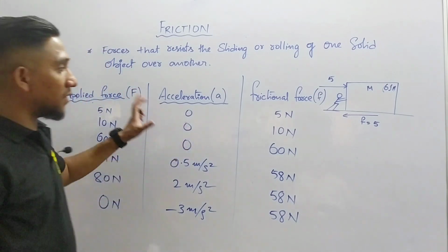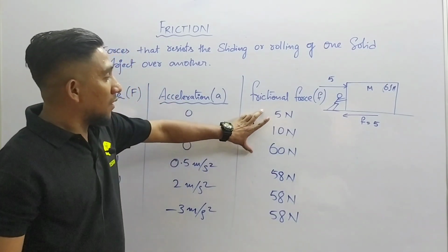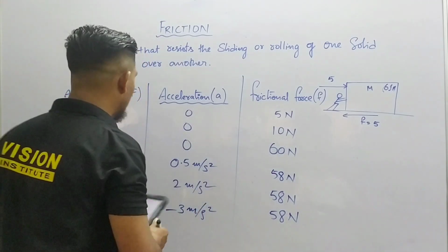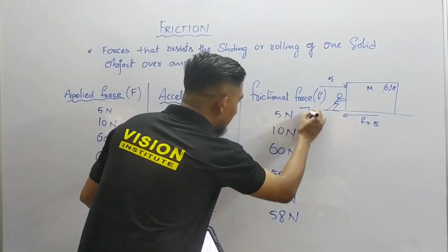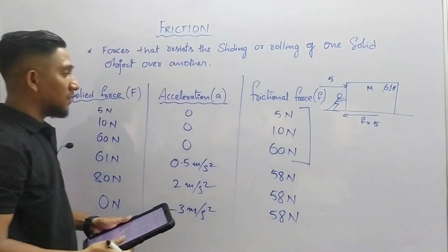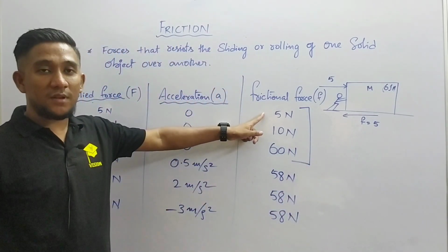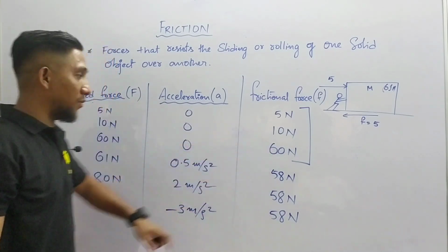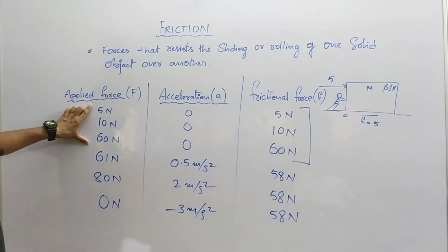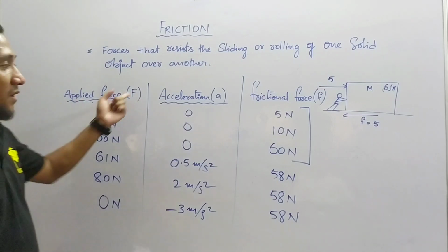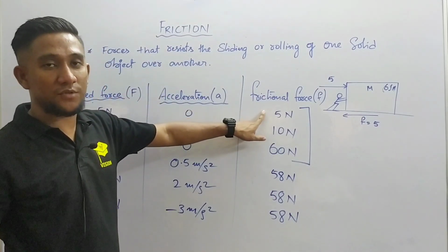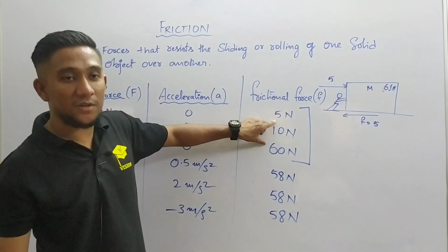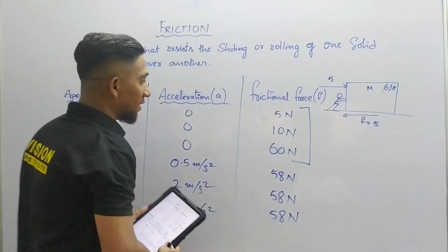So we observe a certain pattern of frictional force here. What do you see? In this part, the frictional force is constantly changing, and it depends upon the applied force. Whatever the applied force is, the same amount of frictional force is here. So what can we say from here?